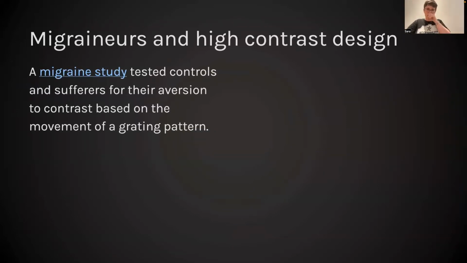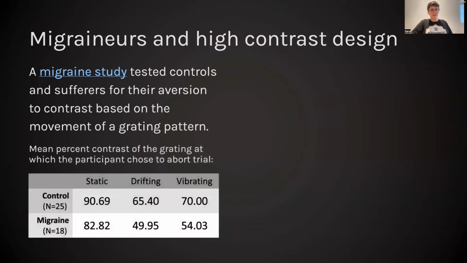This was another thing I came across. People who have migraine were tested against controls, people who don't suffer migraine, for their aversion to contrast based on the movement of a grating pattern. I'll show the pattern in a minute, but I want it to be quick because it's a bit jarring.